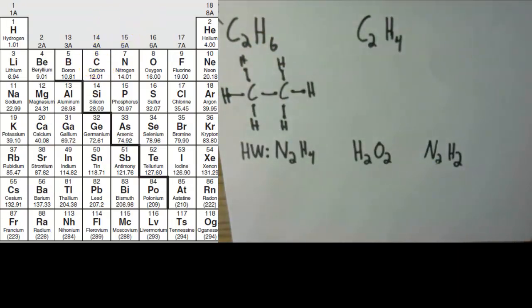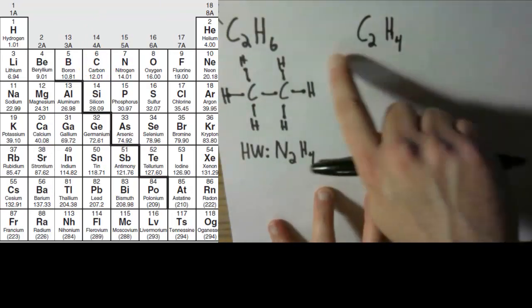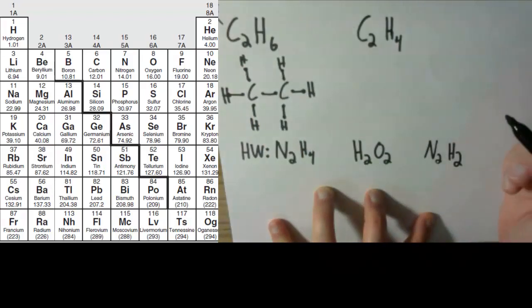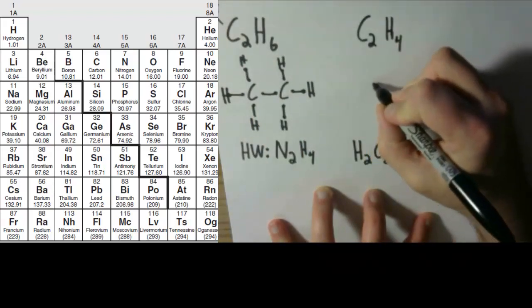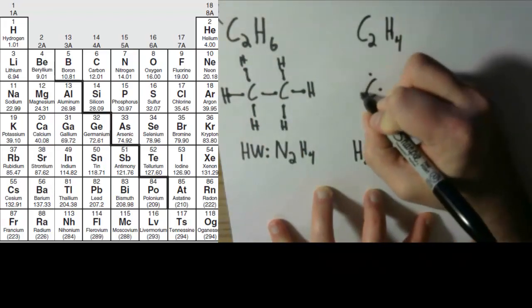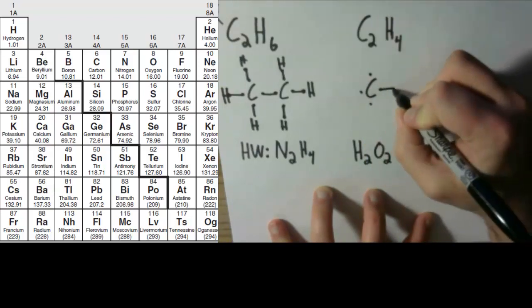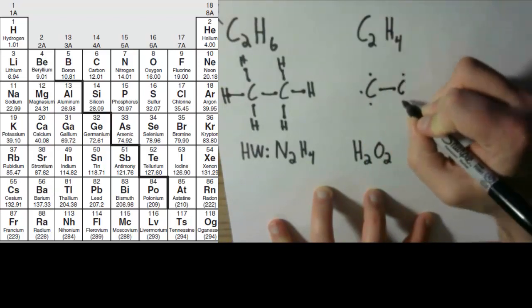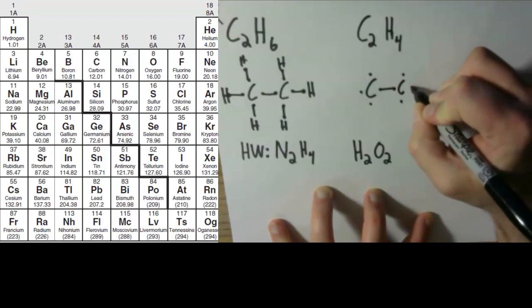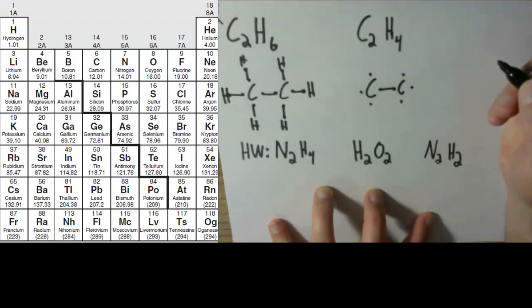Okay, well, that leaves us with just one problem. This next example has the same number of carbons, but it has less hydrogens. So if I start the picture the same way, I run into a problem here because I only have 4 hydrogens.